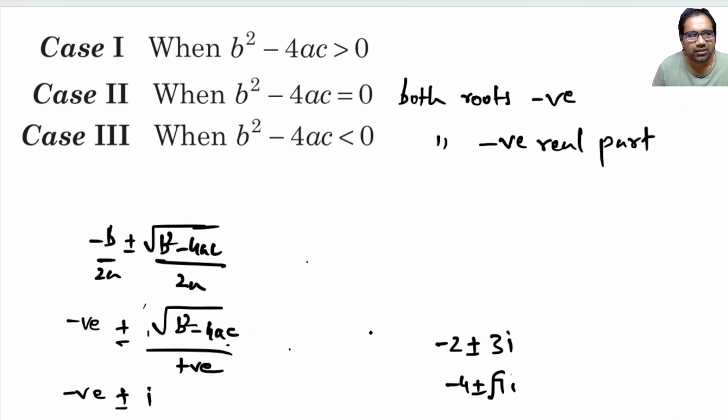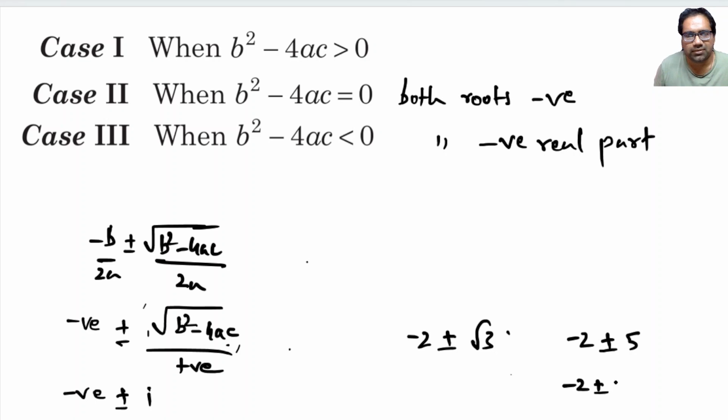For example, we'll get roots something like minus 2 plus or minus root 3. If b square minus 4ac is not a perfect square, or we'll get something like minus 2 plus or minus 5 or minus 2 plus or minus 1. Anything can happen, right?